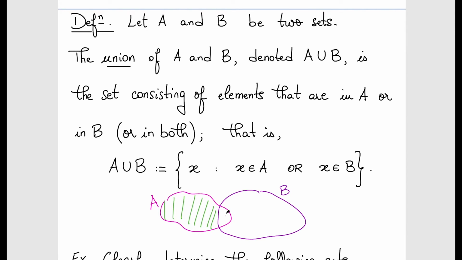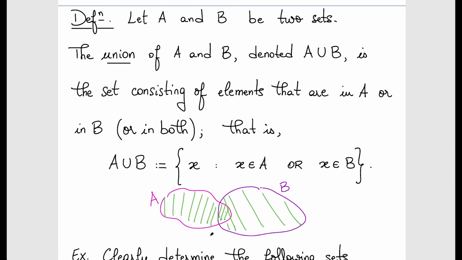A guy here as well, because it's part of A and part of B, but in particular it's part of A, so it has to be part of the union. How about the guy in B? Since it's in B, it's in the union. So I'm gonna extend this and I'm gonna get the whole thing. So the union actually is just the whole thing.